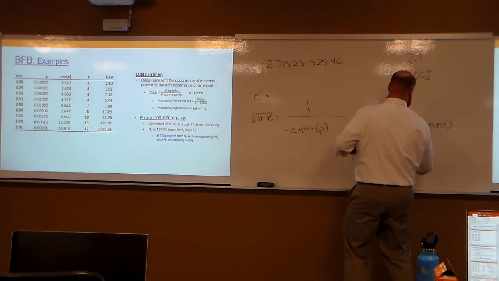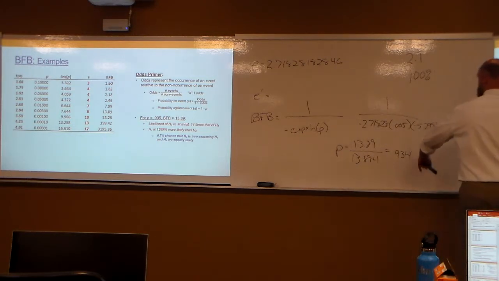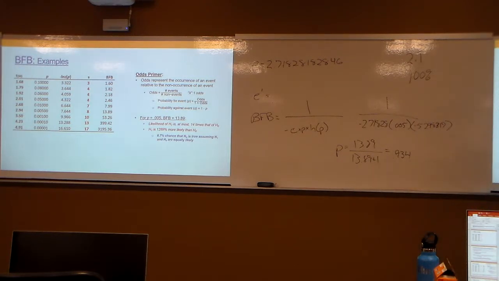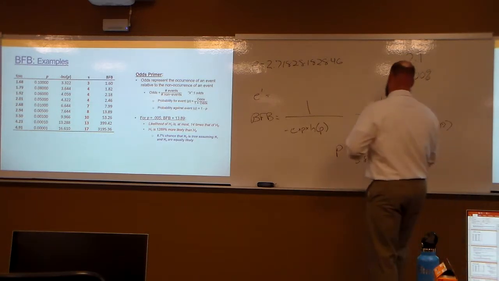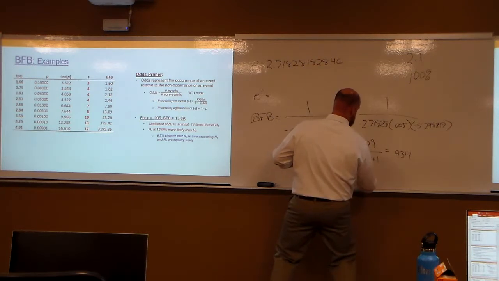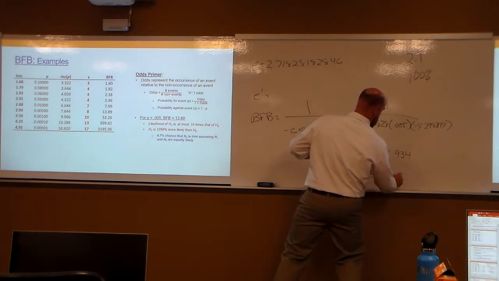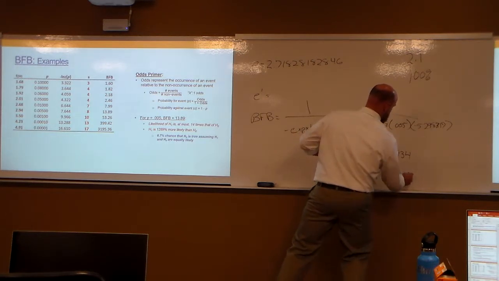284. 0.93, call it 4. Okay. So I could say that in the best case scenario, there's a 93.4% chance of the alternate relative to the null, right? If I take the inverse of that, if I take Q, this is 1 minus 0.934, that's still giving me 0.067, right?